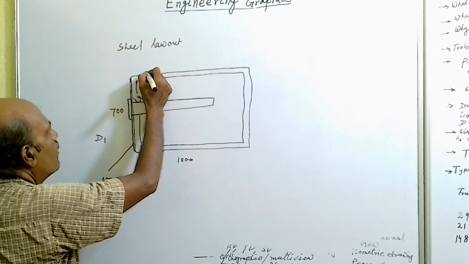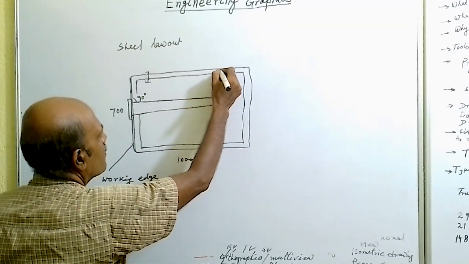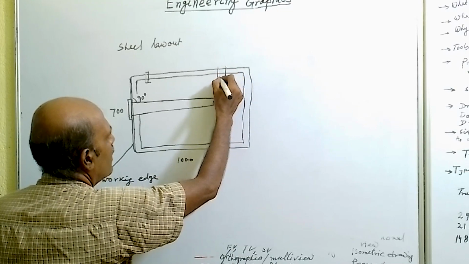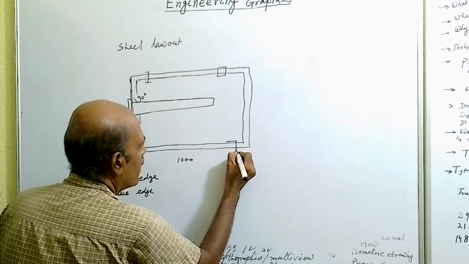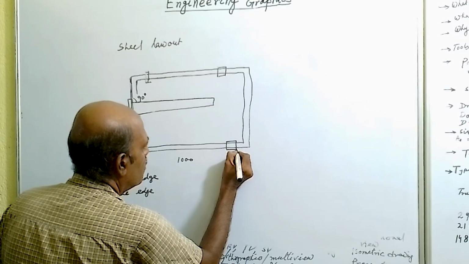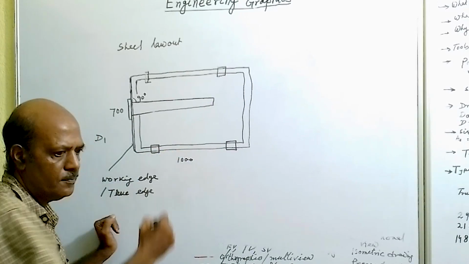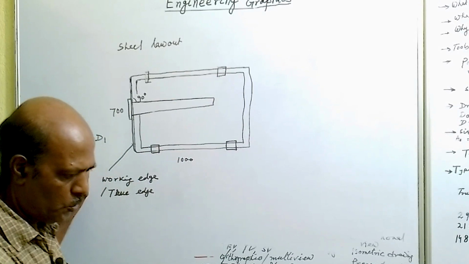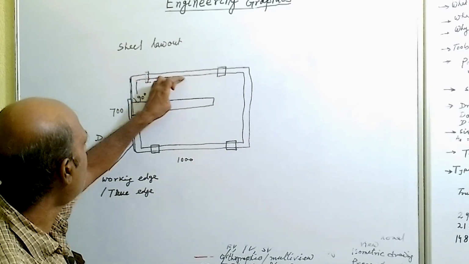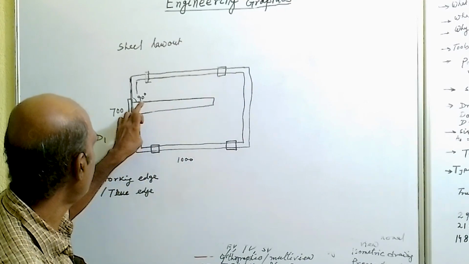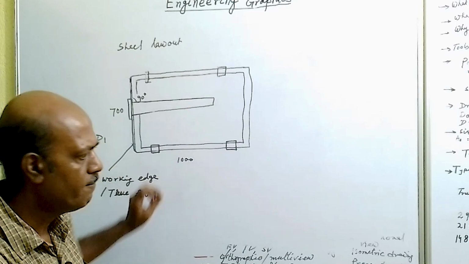Then with the help of clips or tapes, fix the sheet with the board. At least 4 clips are required to fix the sheet over the board.